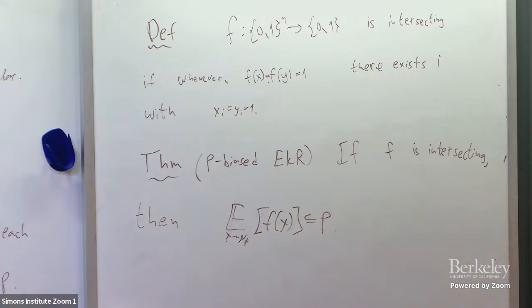And that's the p-biased analog of the Erdős-Ko-Rado theorem. So are there any questions?